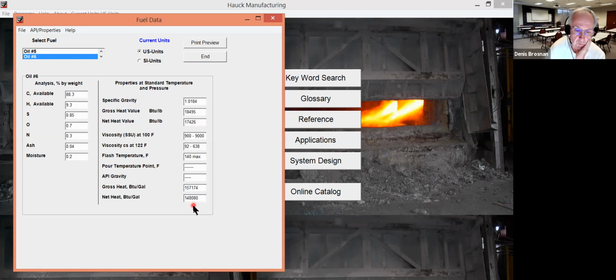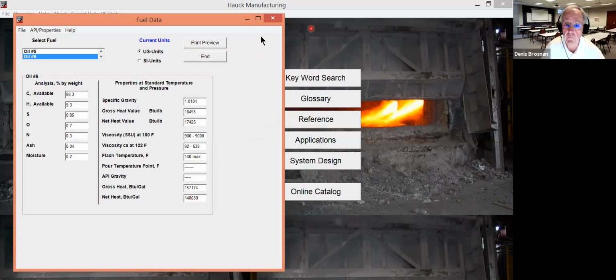Now, just very quickly, in liquid fuels, the net heat in BTUs per gallon is extremely high. Liquid fuels have extremely high energy release potential, and that's why they're used historically in vehicles and in airplanes, because there's so much energy that they have available.